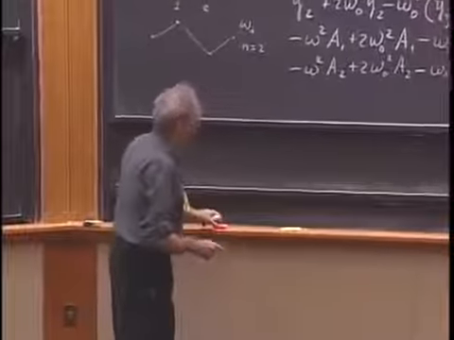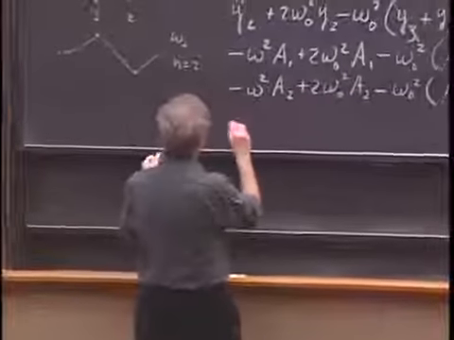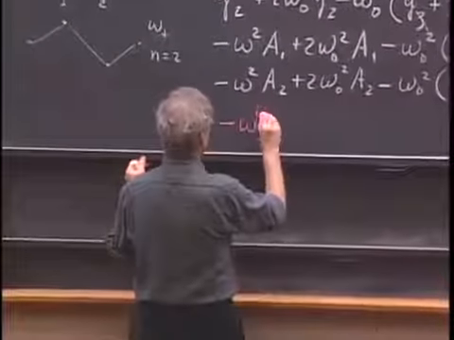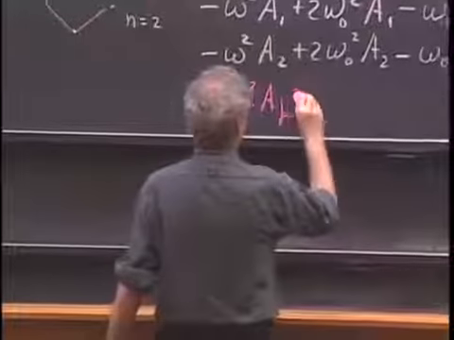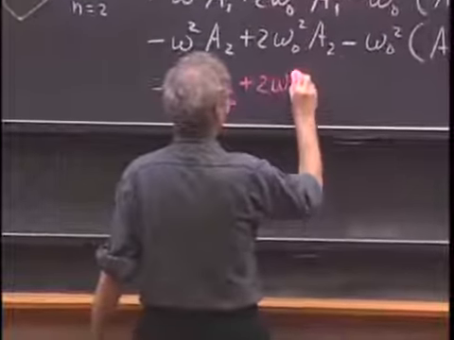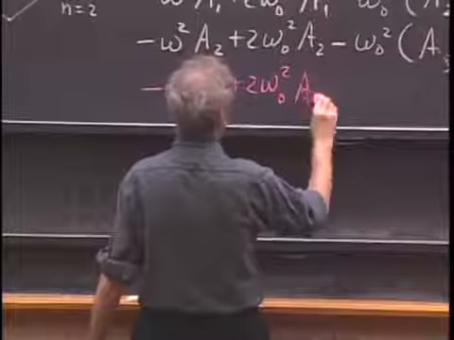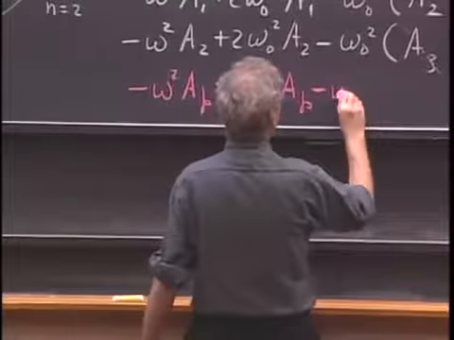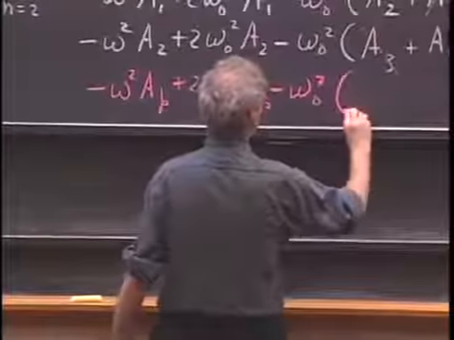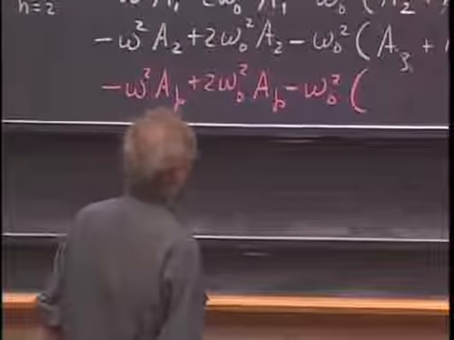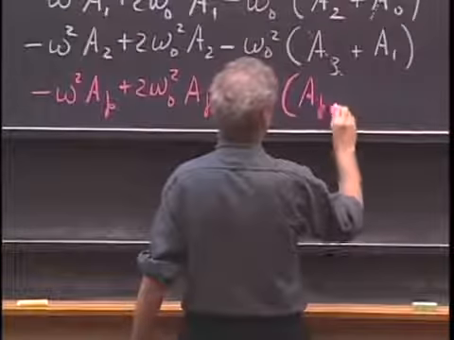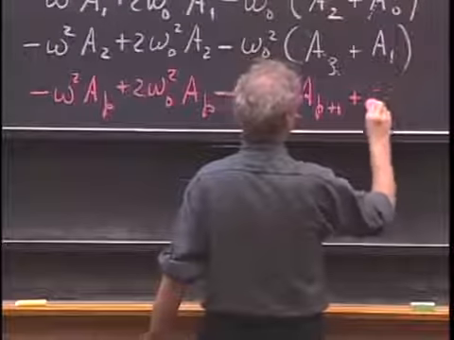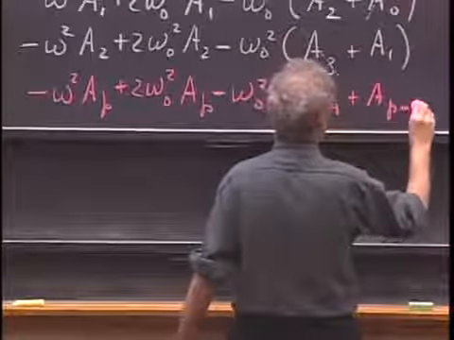Maybe I should do that in color. Minus omega squared ap plus 2 omega 0 squared ap minus omega 0 squared, and now we're going to get a(p plus 1) plus a(p minus 1).